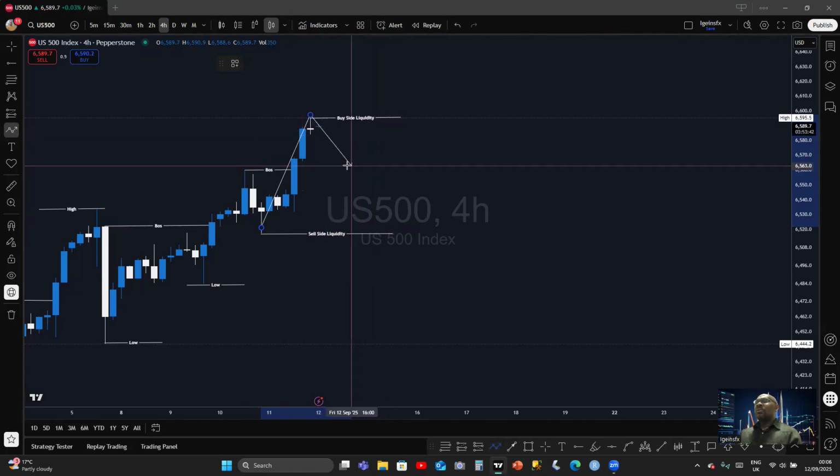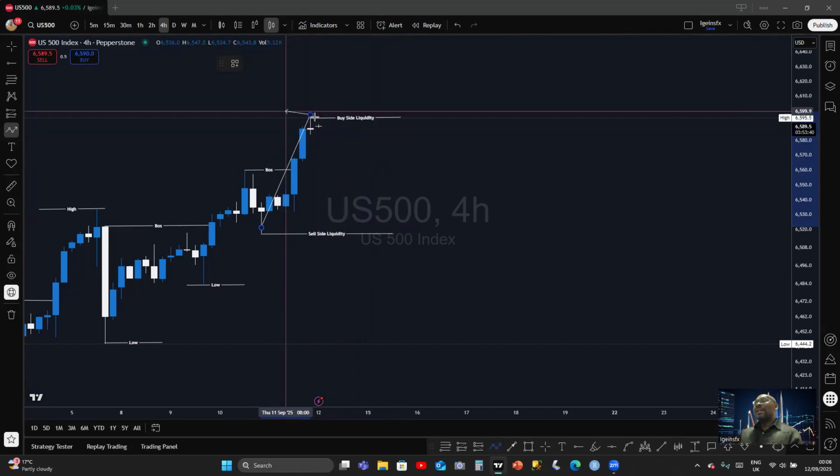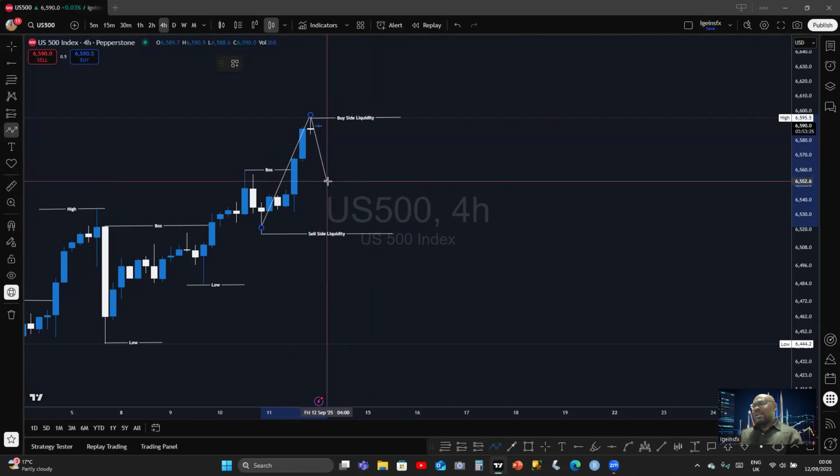Because sellers are here. This is where they will stay to get involved in the market so that they will push the price down to the downside. So their stop losses, their entries, all their pending orders are here.